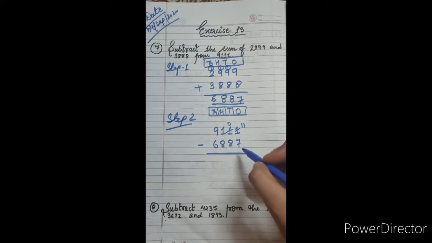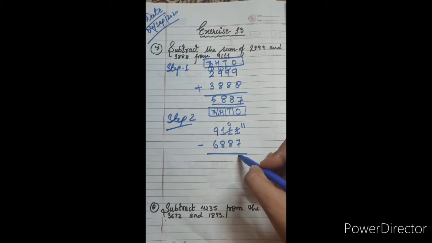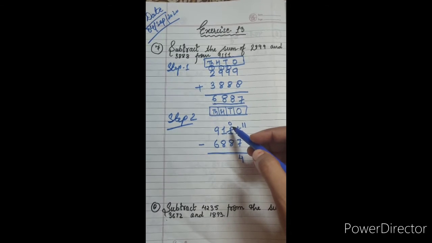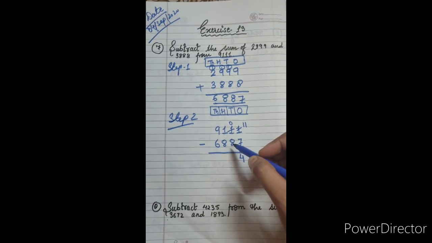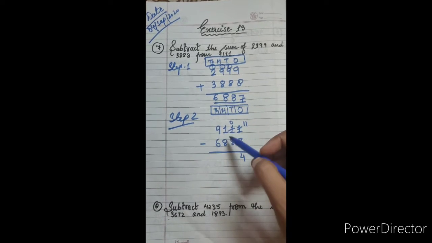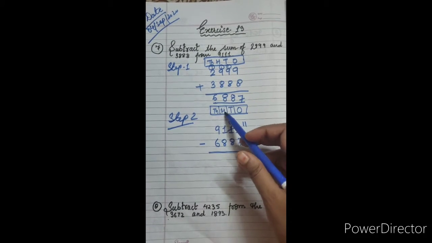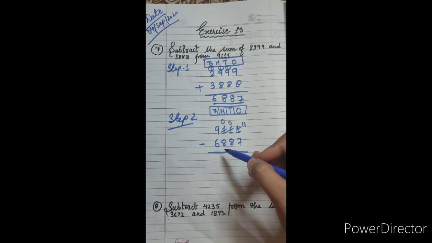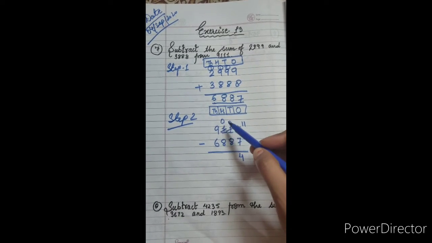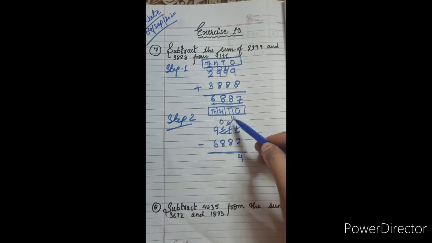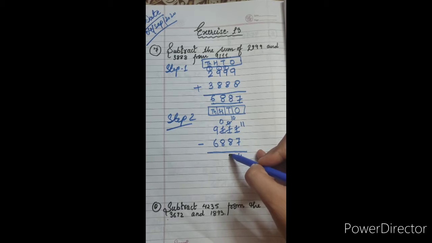So 11 minus 7 is 4. And now subtracting tens. So we want to subtract 8 from 0, but it is not possible. So from the 100 column we borrow 1 hundred, leaving behind 0, and 100 plus 0 tens becomes 10 tens. So 10 minus 8 is 2.